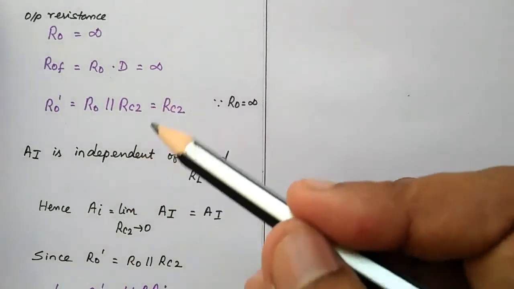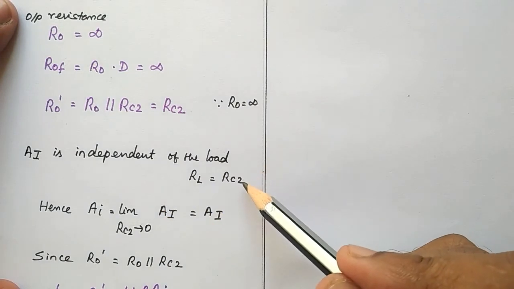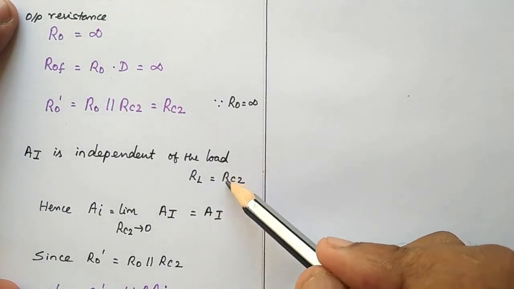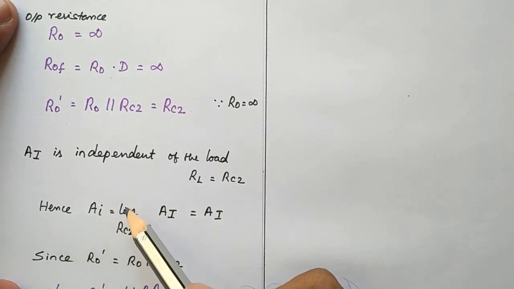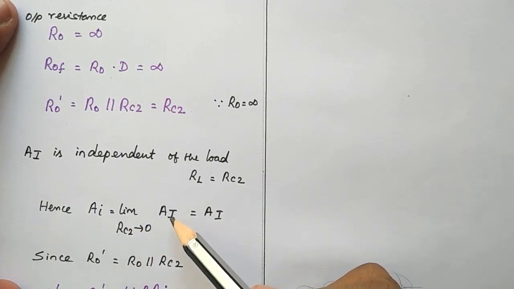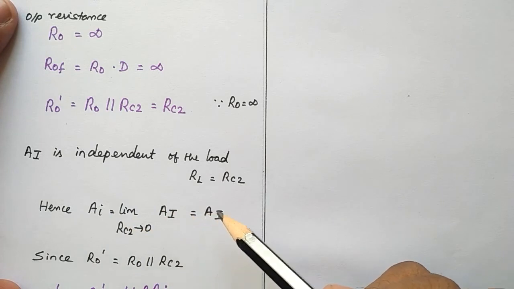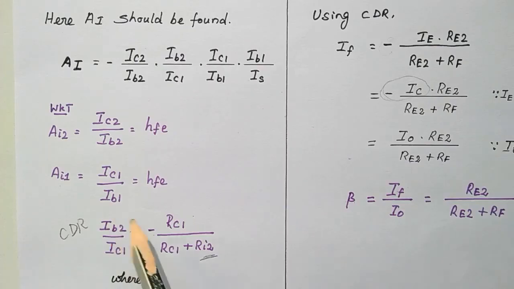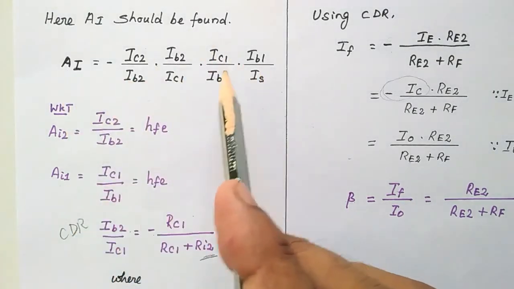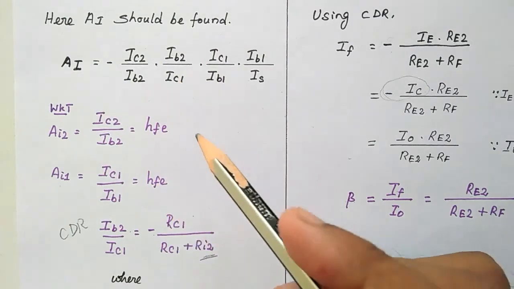Till now we have explained all the current gain independent of load. Now we are going to consider the load resistance. For that load resistance, we are going to find out what the current gain is. For AI, we apply the limit RC2 tends to 0, since AI does not contain any RC2 value. You can see here the common expression, where we have found the individual current ratios.